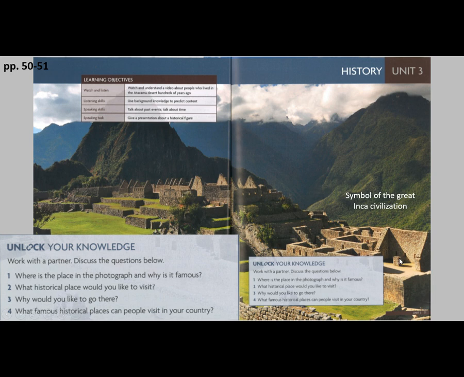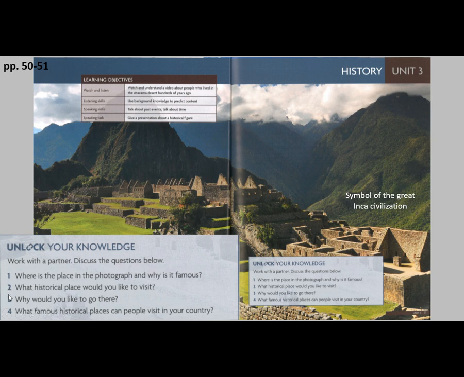What reason can you give? One reason could be this place is in Peru, in South America, and it's too far. I don't have enough time to go there. Or maybe you could say, well, I'm not interested in history. I think history is boring, so I wouldn't like to see this place. I think this place will be boring for me.